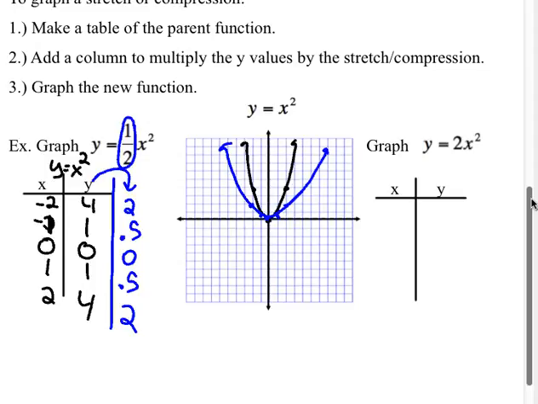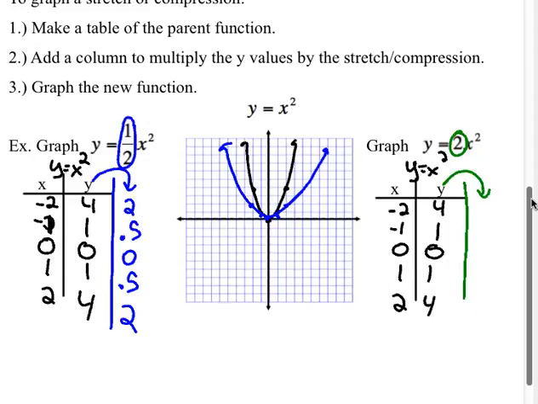Now what about on the other side? Sorry, let me just copy down our parent function. What about when we have a stretch, a number bigger than 1? Again, that's going to affect my y values.